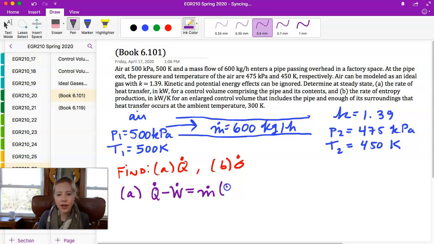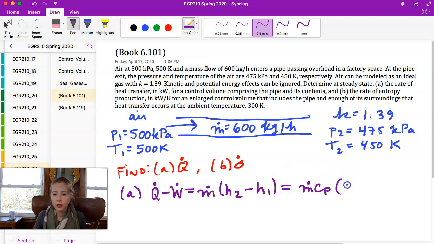So we're going to have H2 minus H1. And so we could also write this as, remember, delta H: M delta H is equal to M Cp delta T. So this is equal to M Cp (T2 minus T1). And with ideal gases, Cp does not equal Cv necessarily.